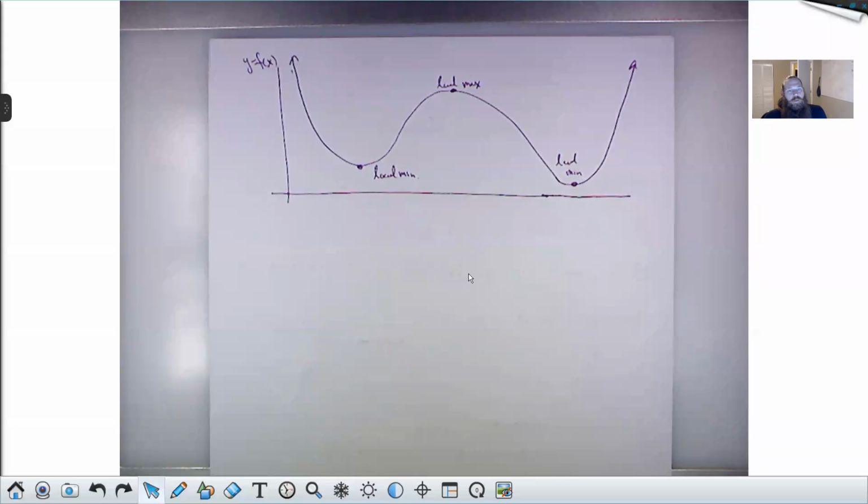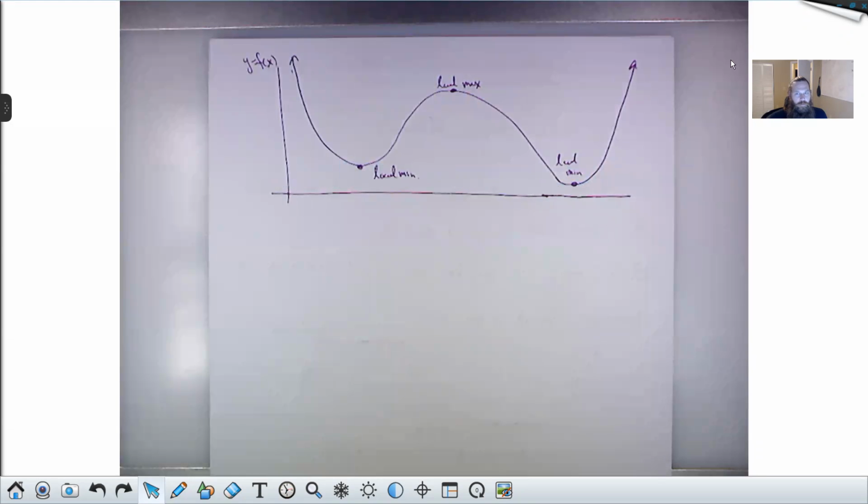All right, so we said that there's a local min here, there's a local max here, and there's another local min here. The local min on the right is a little bit special though, because if you notice, the graph never gets lower than this.